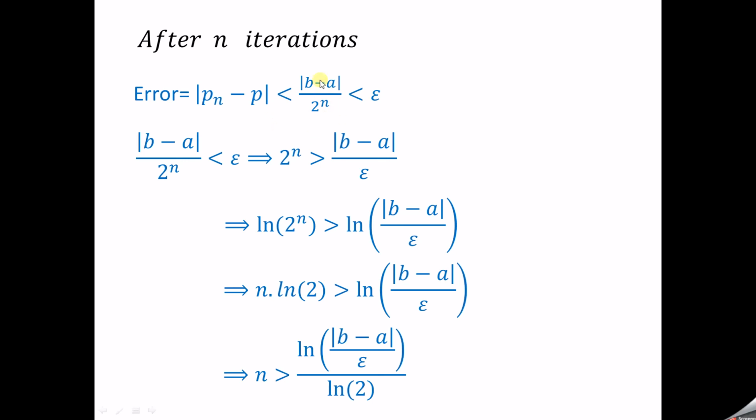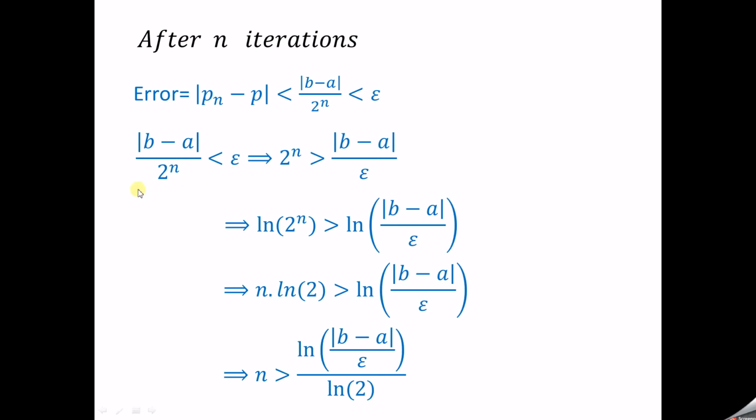Now suppose we want the error to be less than epsilon. Then we get modulus of b minus a over 2 power n is less than epsilon.